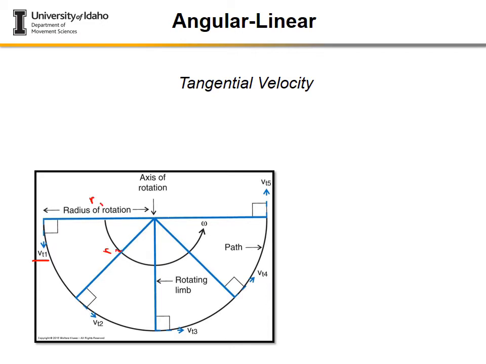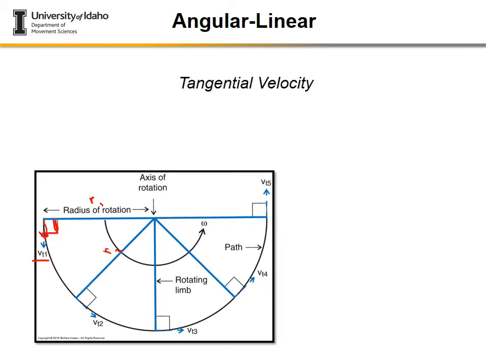So these are the radius. And then at a right angle, it is a tangential that identifies what the linear velocity at that point, at that impact, is going to be. And that is what we're going to talk about with this relationship of angular motion to the linear velocity.